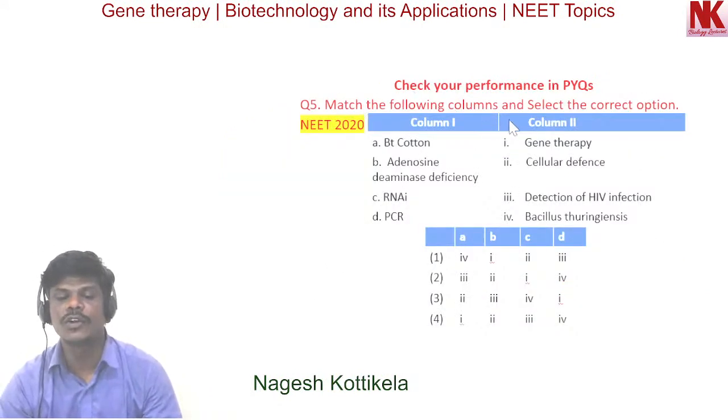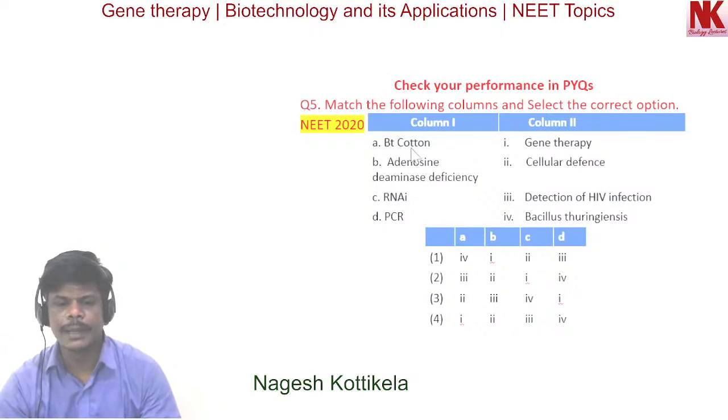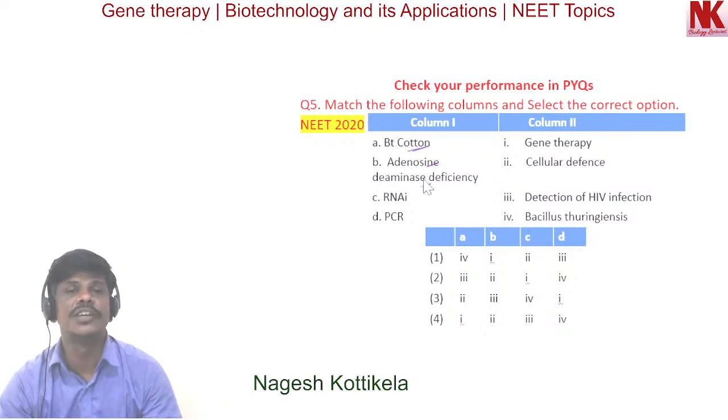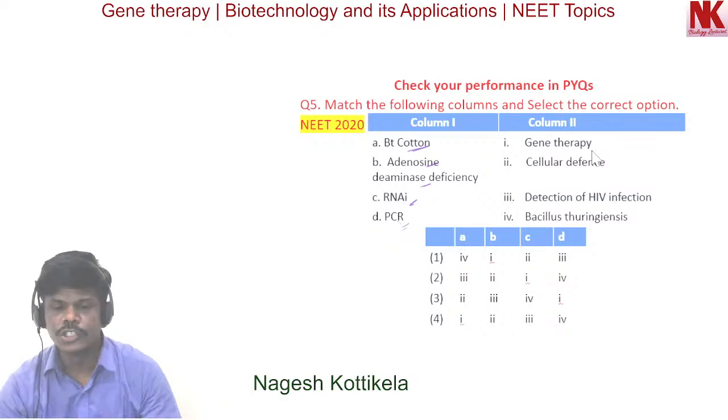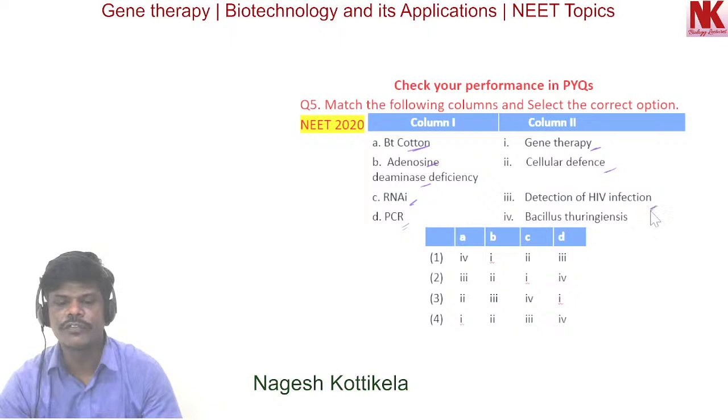Match the following columns and select the correct option. Here, A, Bt cotton; B, adenosine deaminase deficiency; C, RNA interference; and D, polymerase chain reaction, that is PCR. In column 2: gene therapy, cellular defense, detection of HIV infection, and Bacillus thuringiensis.